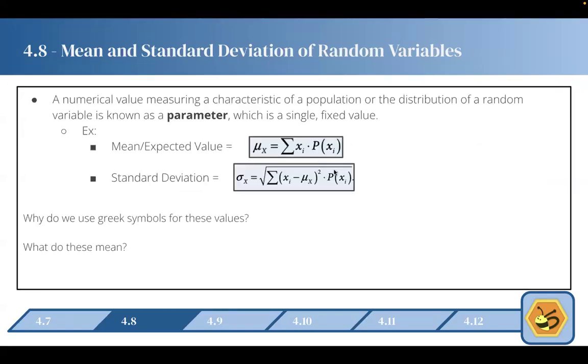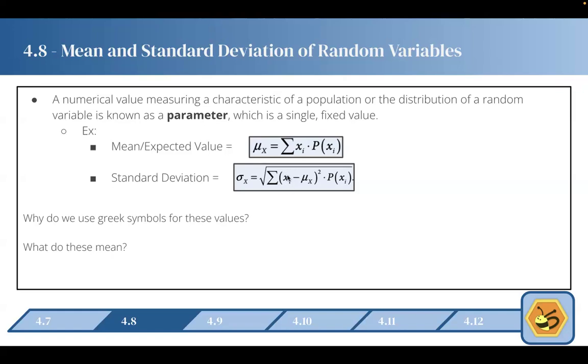The standard deviation is where it gets a little bit messy, right? So let's take a look how we would do that. Again, this is for discrete random variables. What we need to do is find the distance that this value is from the mean. Remember, the point of standard deviation is to find the distance from the mean.